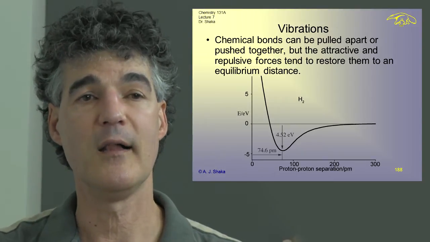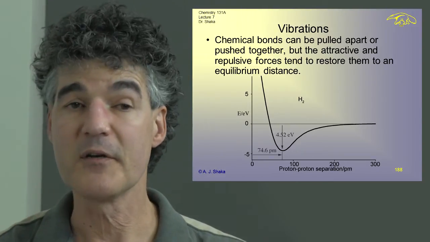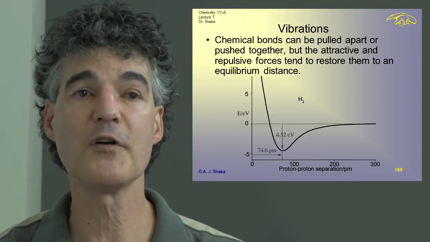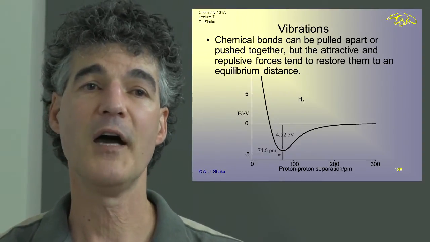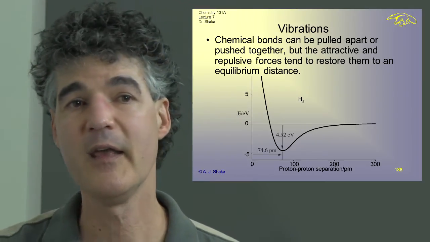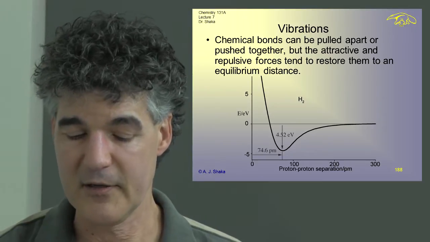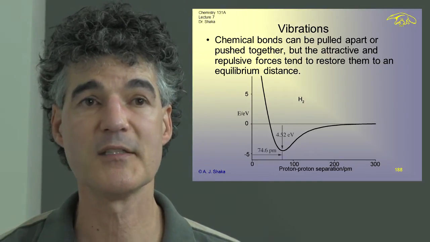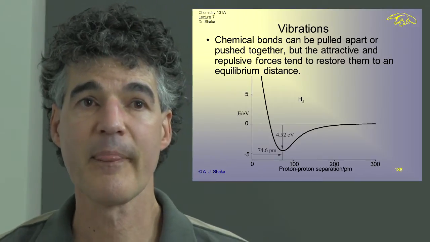But there is a well. There is a position where the two hydrogen atoms working together are much more stable than two hydrogen atoms apart, and that's the stable H2 molecule. And then the potential curve goes back to zero as they go back toward just two isolated hydrogen atoms.